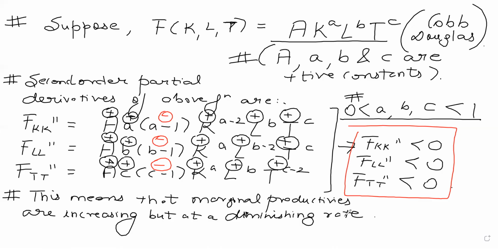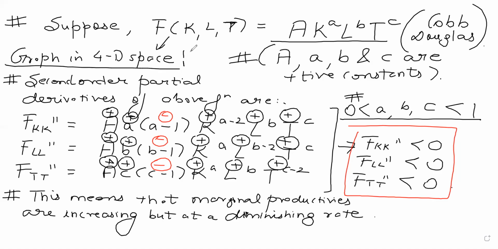But again, we cannot draw the picture because it's not going to be a three-dimensional figure, it's actually going to be four-dimensional. If I draw the graph of this function, it is going to be in 4D space. Its level curve is going to be in the 3D space.